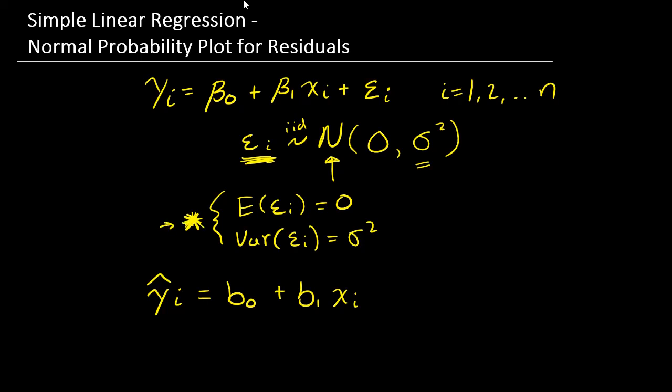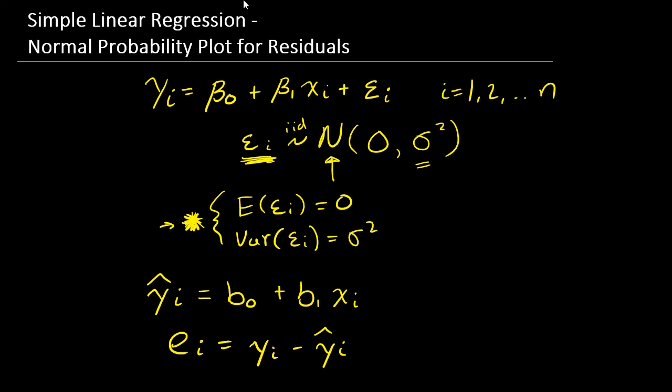So that's why these assumptions must be tested first. We can estimate this error term using the residuals, e_i equals the observed value of the outcome, y, minus the predicted value of the outcome, y hat.